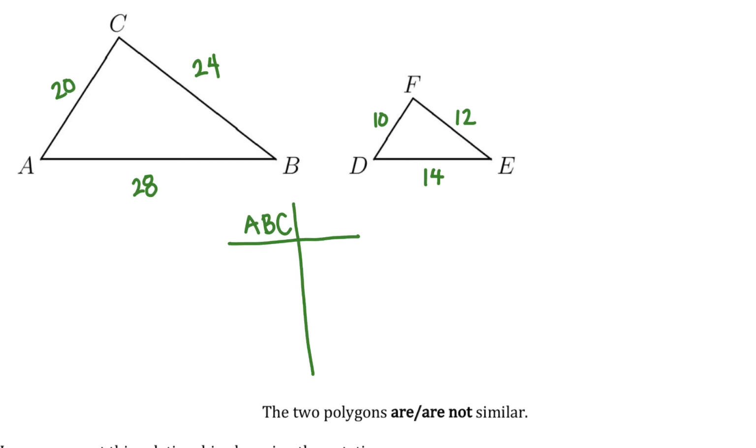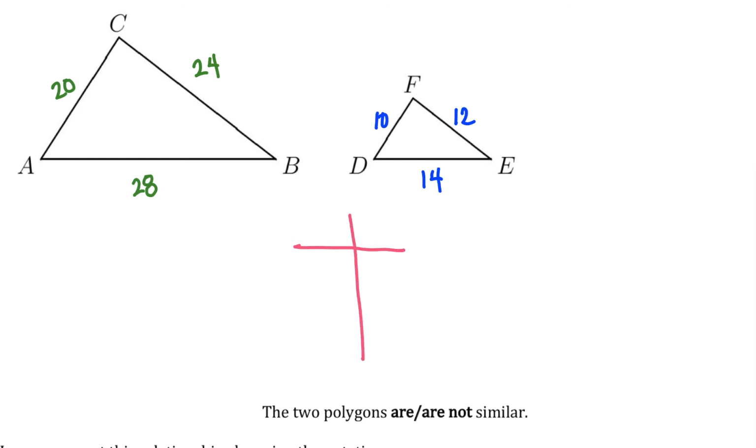You know what I'm going to do? I'm going to use a different color. 10, 12, 14. So this is ABC, and this is DEF. ABC, so I'm going to put 20, 24, 28.